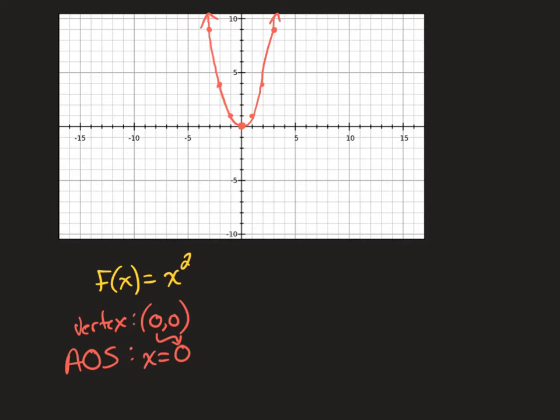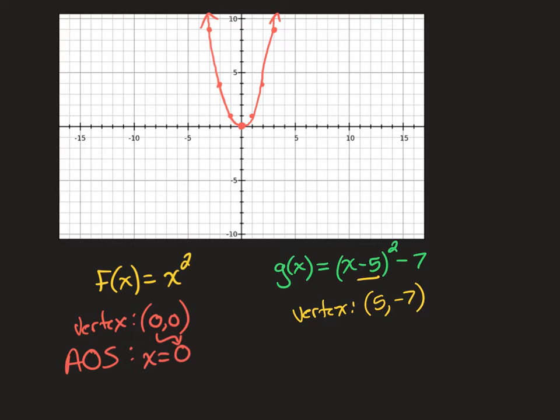So now let's graph g of x equals, let's do x minus 5 squared minus 7. Well, now what is the vertex? 5, negative 7, right?